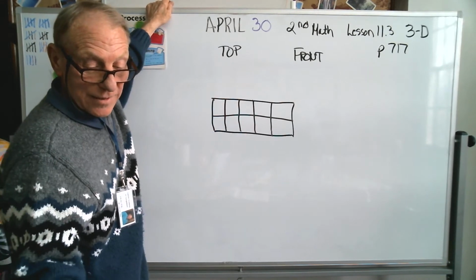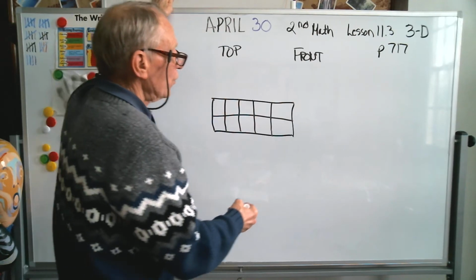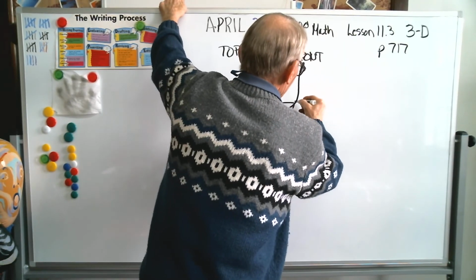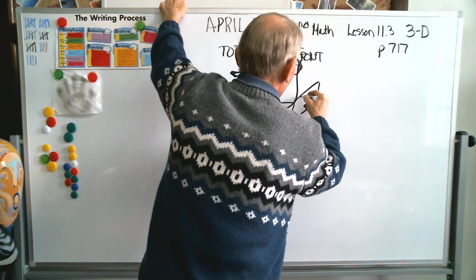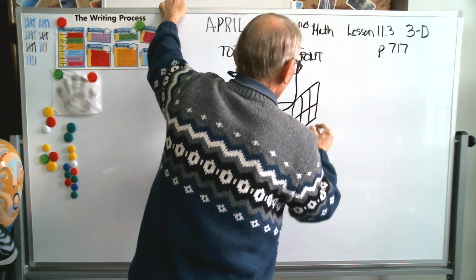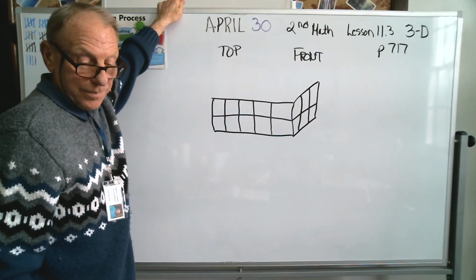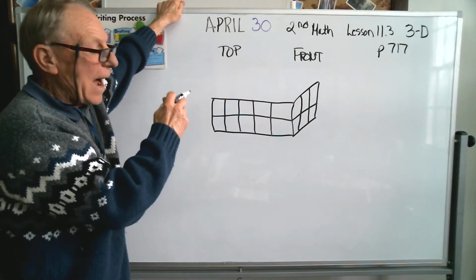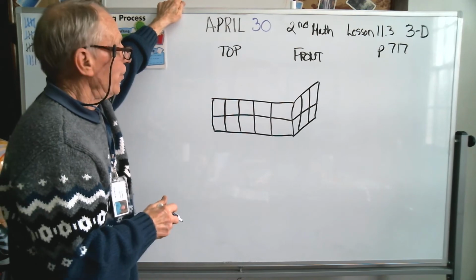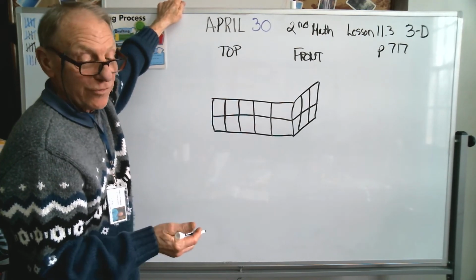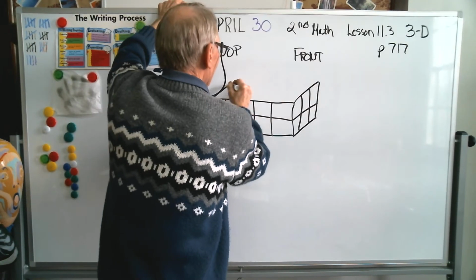Now, it says the side view shows, remember the side, shows 3. Two high and 3 across. The top view should just fit right into that now.